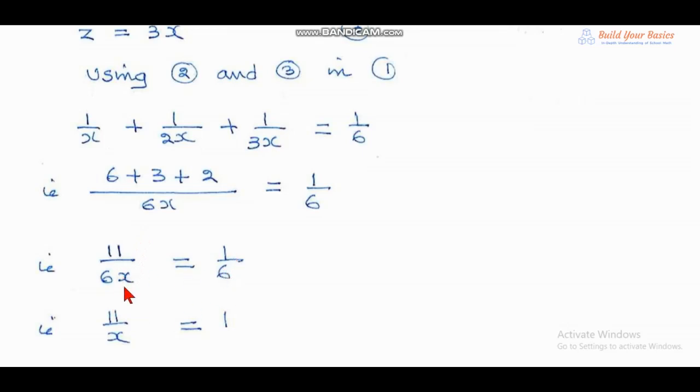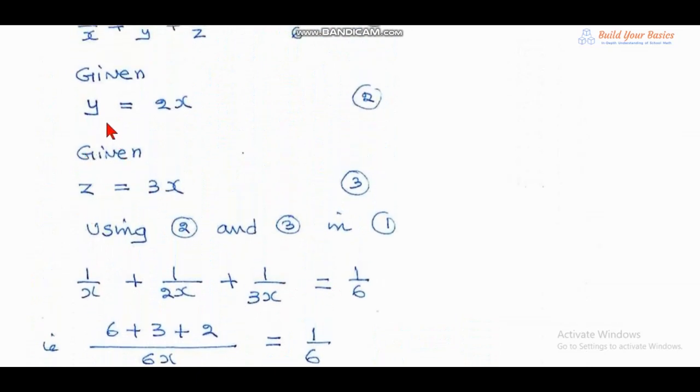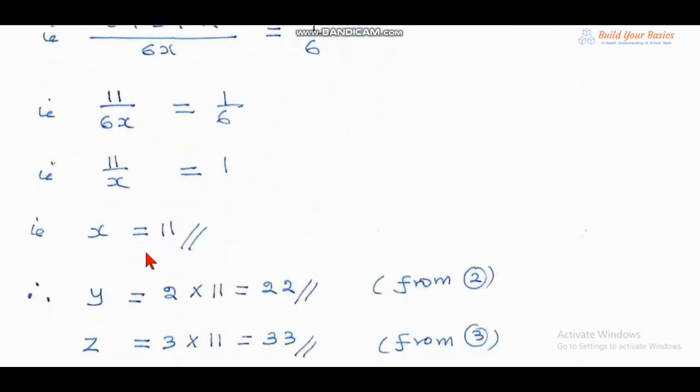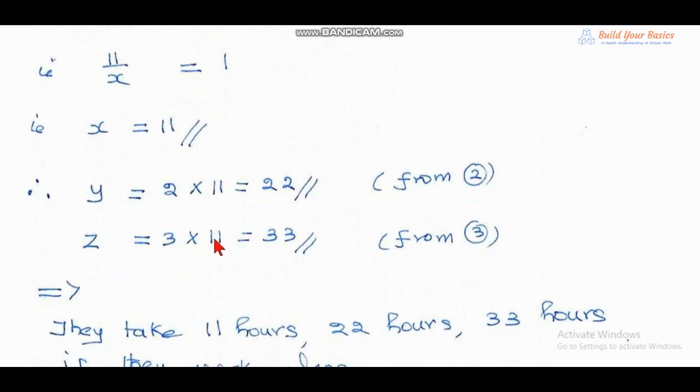That is 11/x equal to 1, multiplying both sides by 6. That is x equal to 11. Once we know x, we can write down the other values. y equal to 2x, so y equal to 2 into 11, that is 22. z is 3x, that is z equal to 3 into 11, that is 33.